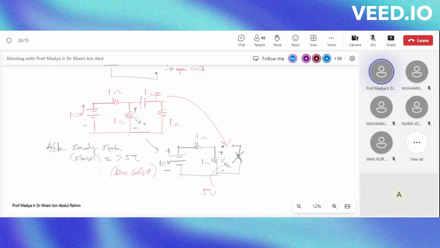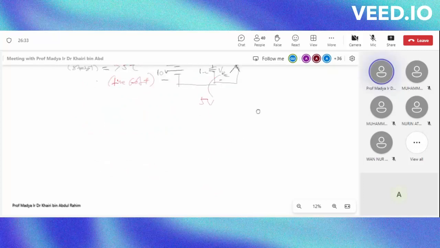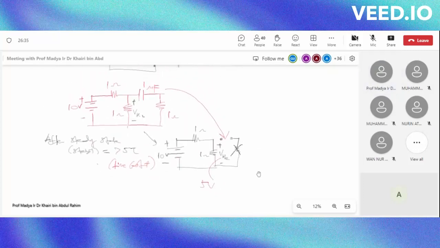It is before steady state, right? Before steady state.